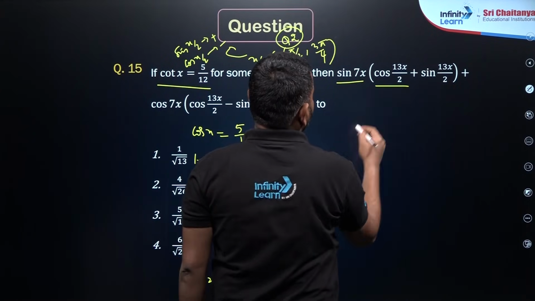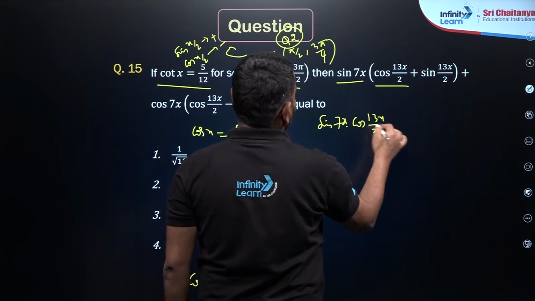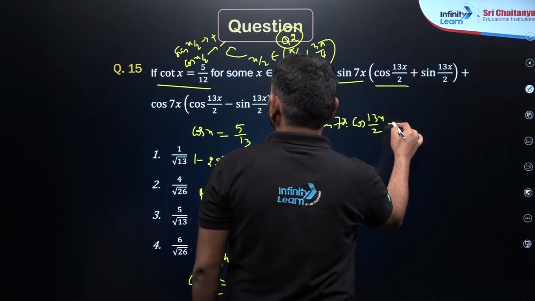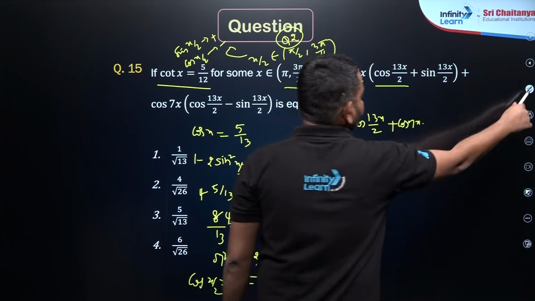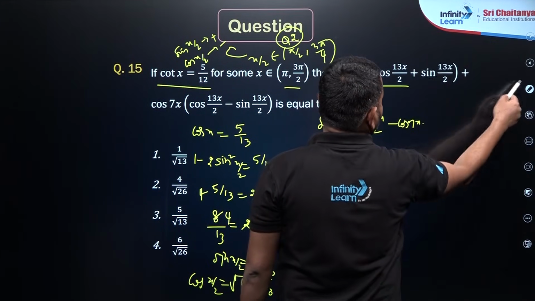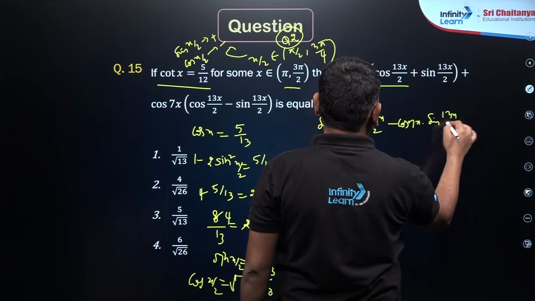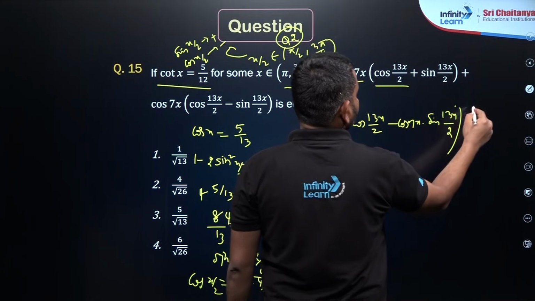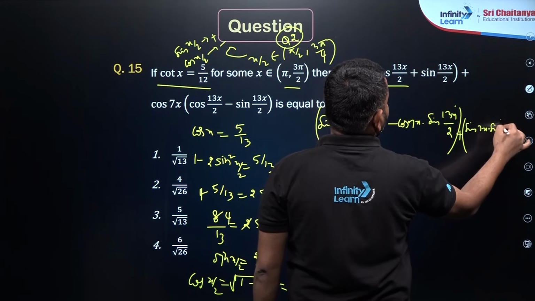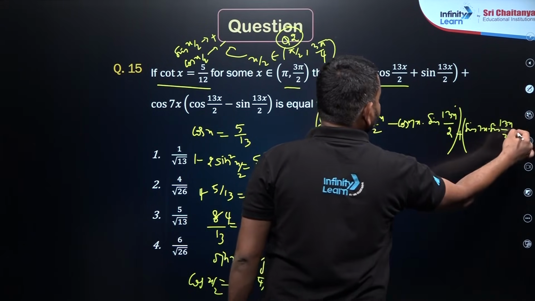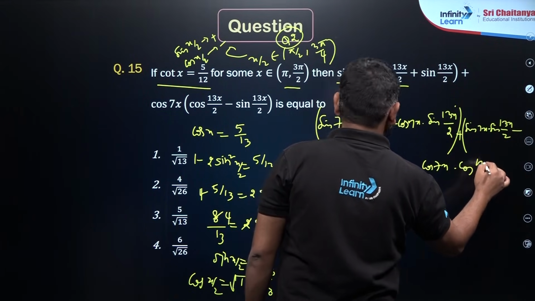Sin 7x into cos 13x by 2, and cos 7x into, or we will write minus here. I'll write the second one first. Cos 7x minus sin 13x by 2. This is 1, and the other one is sin 7x sin 13x by 2 plus cos 7x and cos 13x by 2.